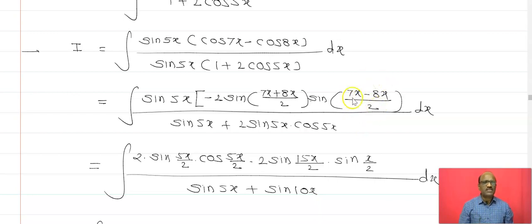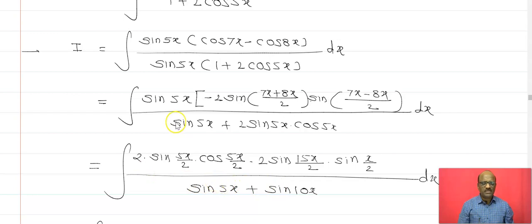Sin of minus theta is minus sin theta, so this minus and that minus will overall become a plus, therefore we have written the plus sign. Next, here is a 2, that is sin of 15x upon 2 into sin of x upon 2.